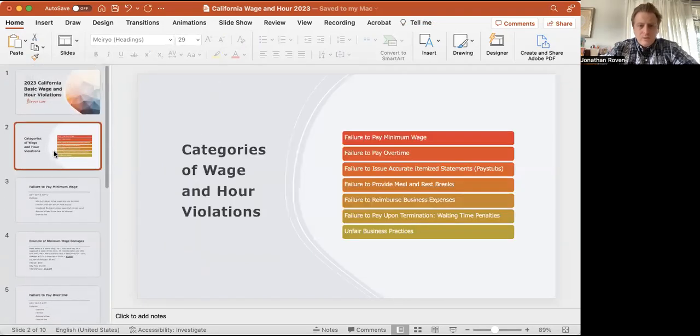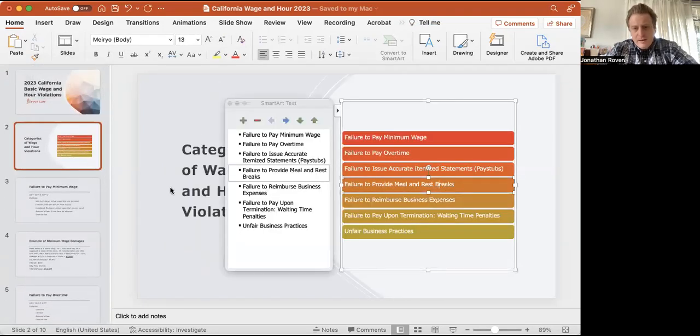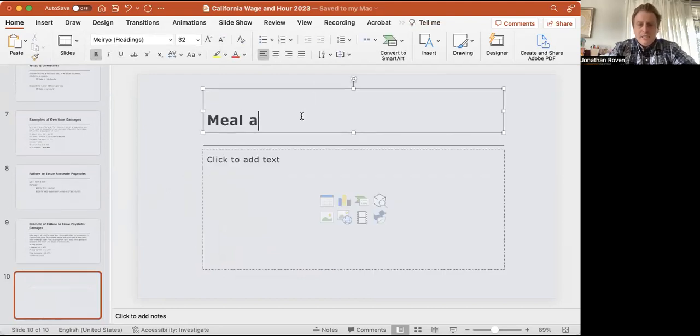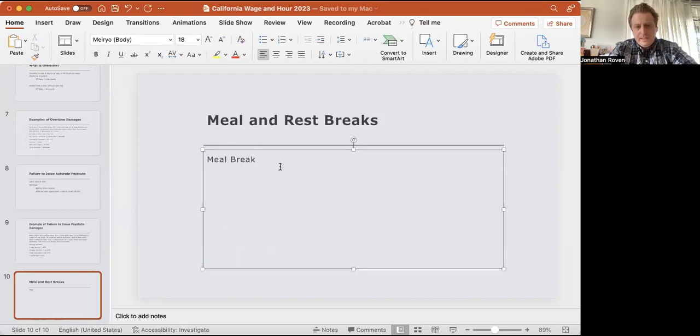Next, we're going to do failure to provide meal and rest breaks. Meal breaks have to be 30 minutes before the 5th hour. And there are so many exceptions to this, a lot of nuance and case law, so each case really needs its own analysis.